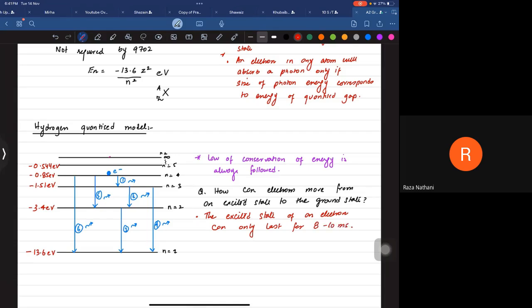It's that small. After that, they have to move. They have to move down as they cannot remain excited for very long.